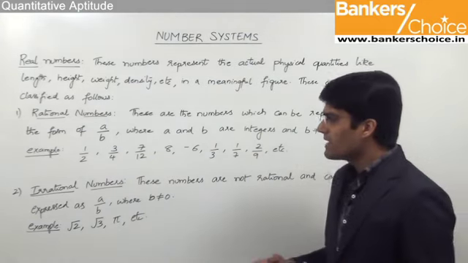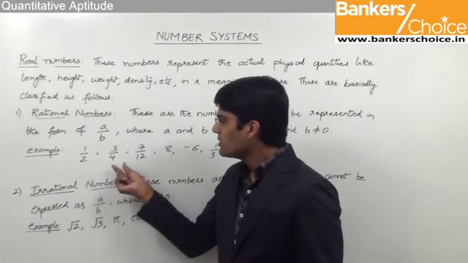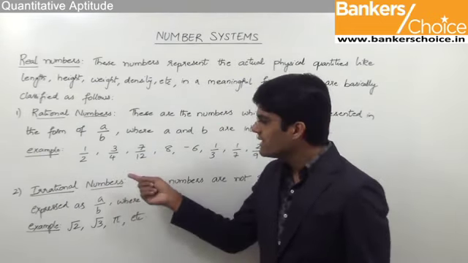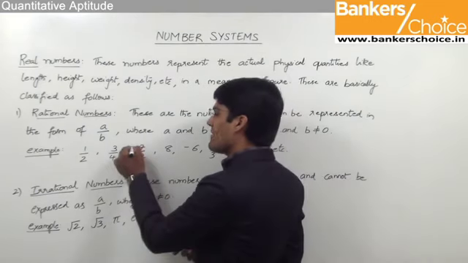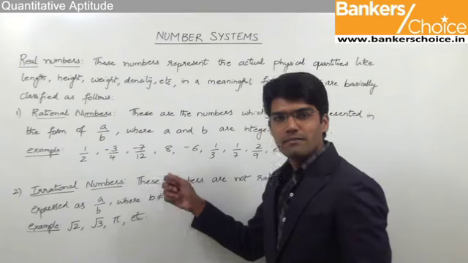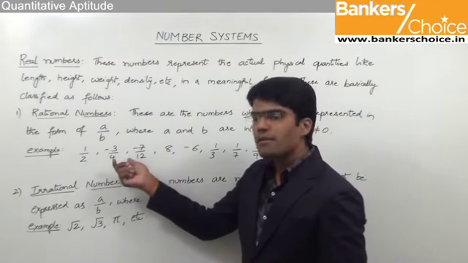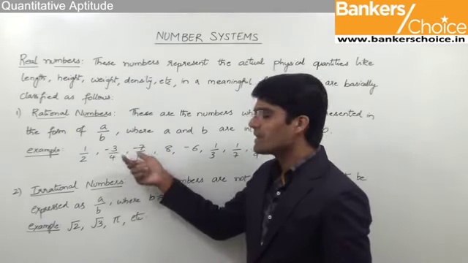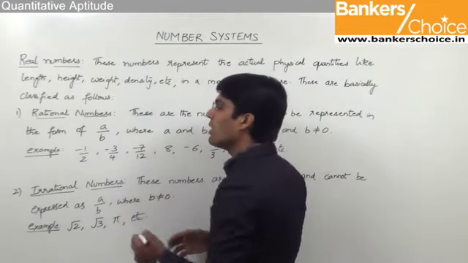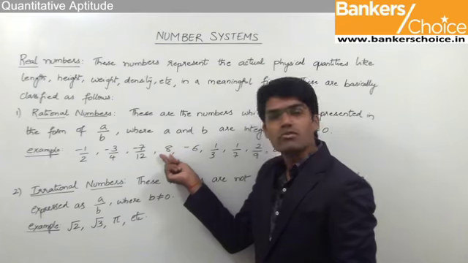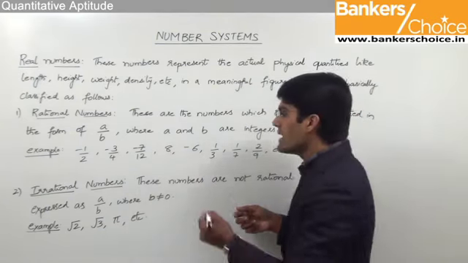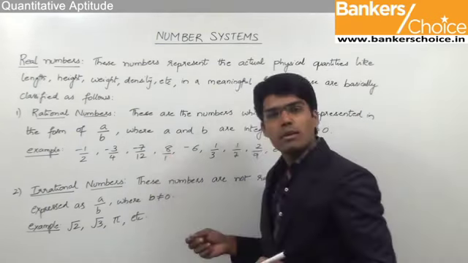Now some examples of rational numbers here are 1 by 2, 3 by 4, 7 by 12. As you can see, these are all in the form of A by B. And at the same time we can also have negative fractions. That doesn't make a difference. So 1 by 2, 3 by 4 or minus 3 by 4, minus 7 by 12 or minus 1 by 2. All these are examples of rational numbers. Similarly, 8 again is also a rational number. Why? Because 8 can be taken as 8 by 1.